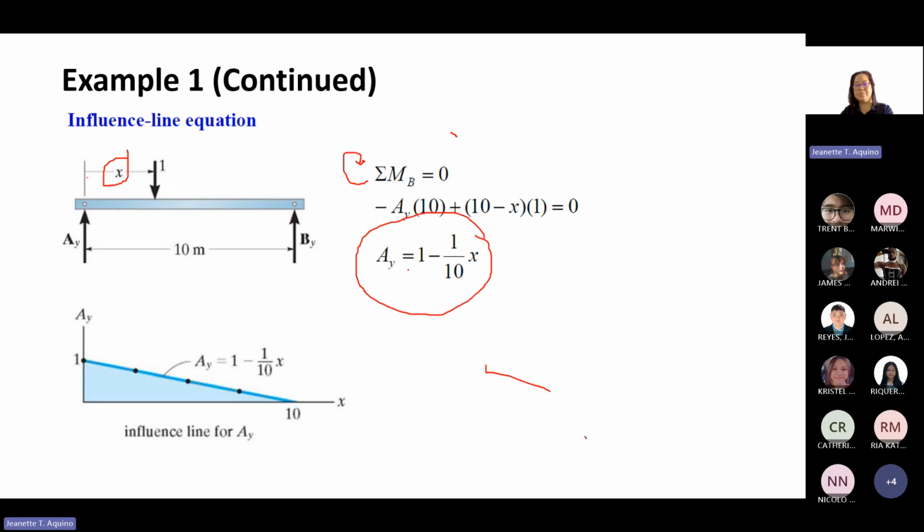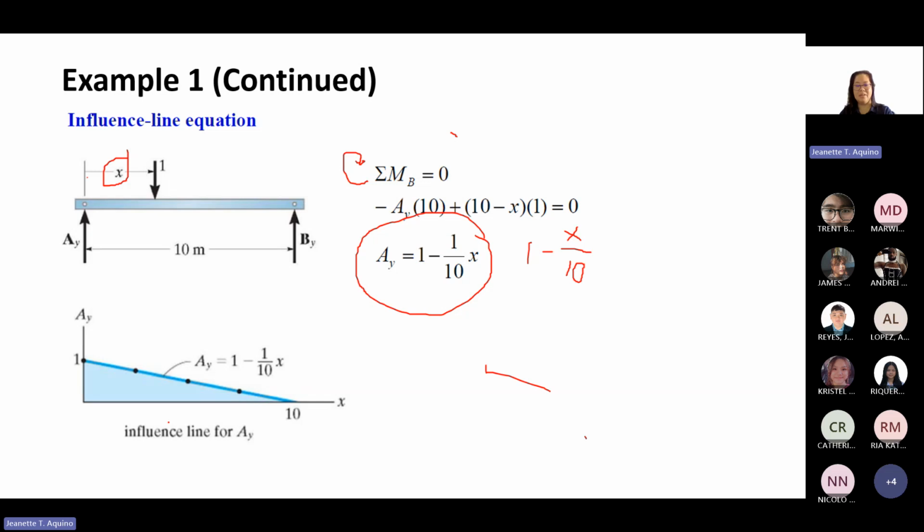So AY equals 1 minus 1/10 of x. Actually, it's 1 minus x over 10. To simplify, you can put it here like this.